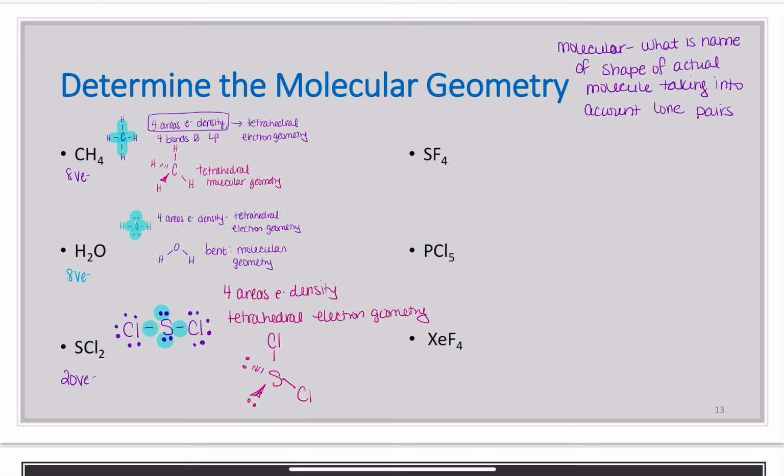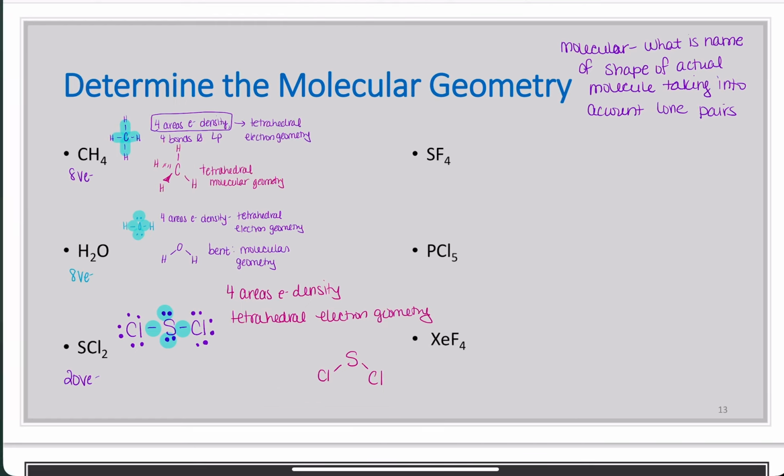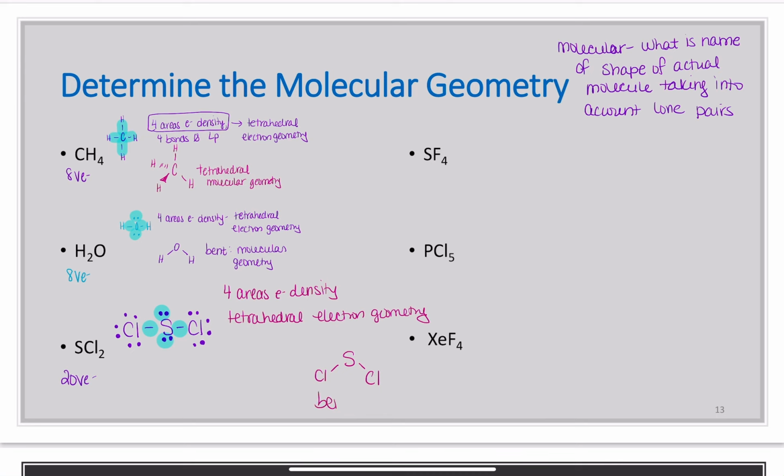I notice this just looks just like water. S, Cl, Cl, which we say is bent. So the molecular geometry of SCl2 is bent.